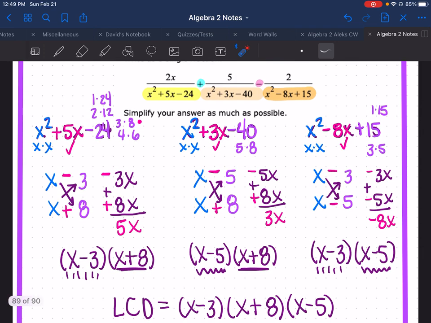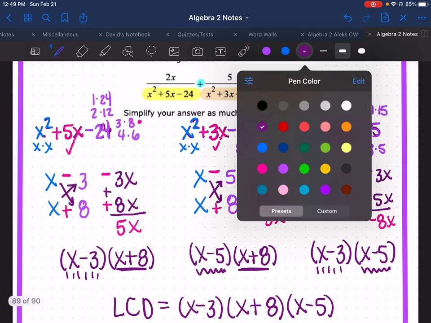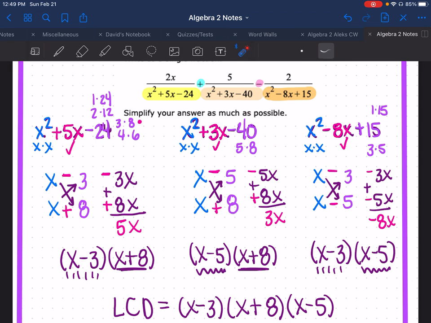Now I'm going to help myself out with what to multiply by by taking a look at what this one has, which is these two. So cross them out. I need to multiply by this guy, minus 5. All right, same thing. Look at this one. You're going to cancel out these two. Goodbye, goodbye.